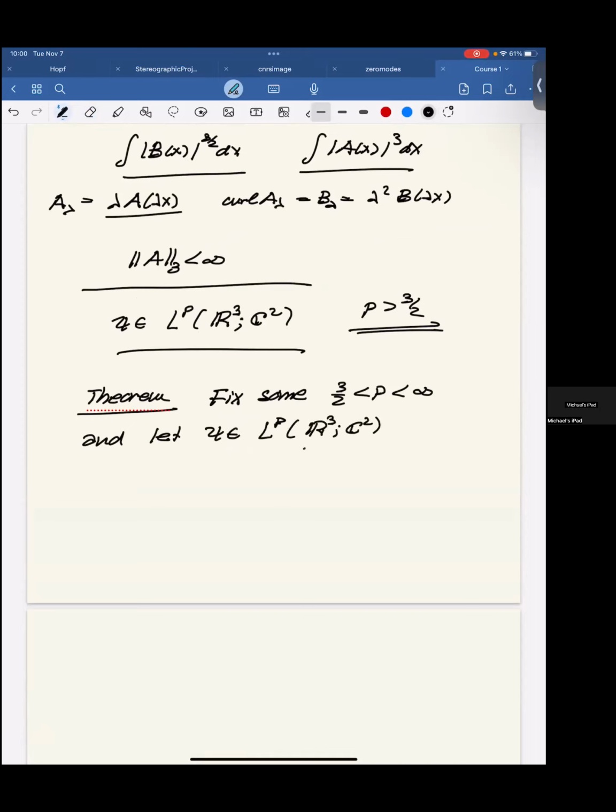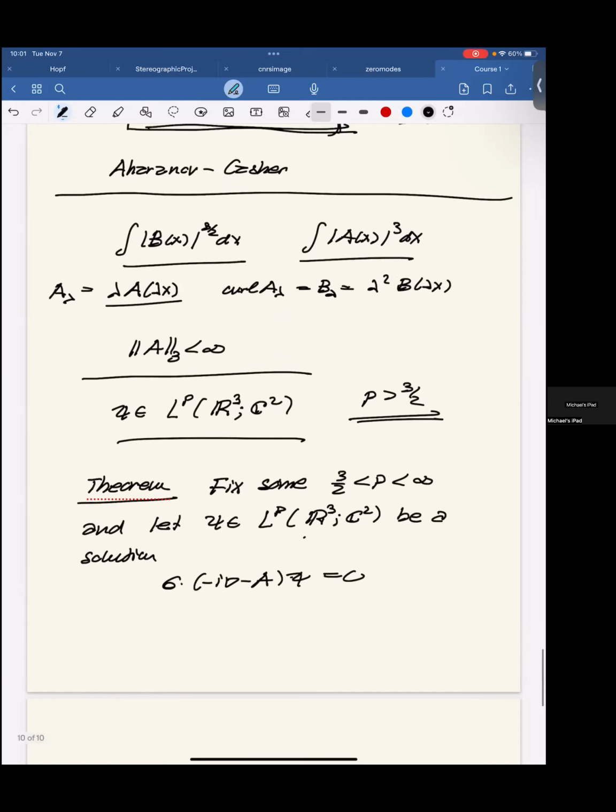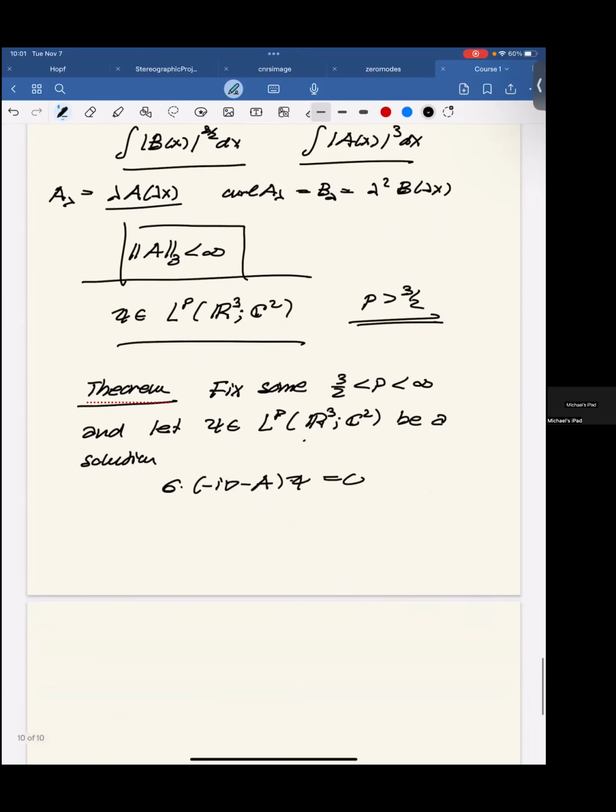From now on, I will drop this. I mean, it's clear what we're talking about. Be a weak solution of sigma dot minus i grad minus A psi equals 0. A is not given. The L^3 norm is finite.